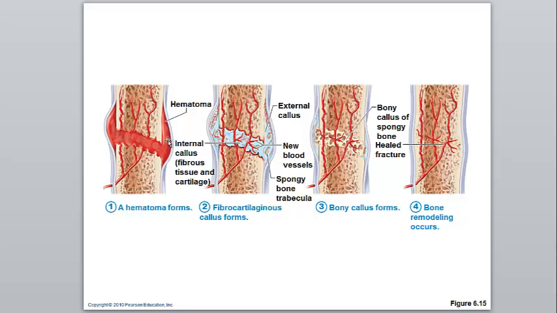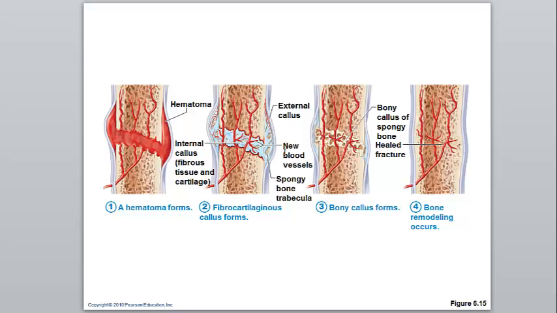Now the healing process starts. The healing process starts as soon as the bone fractures. New blood vessels are formed. Remember, for your bone to be formed, especially long bone, you need to have a model. Because it's spongy bone inside, you have fibrous tissue and cartilage being formed over here.